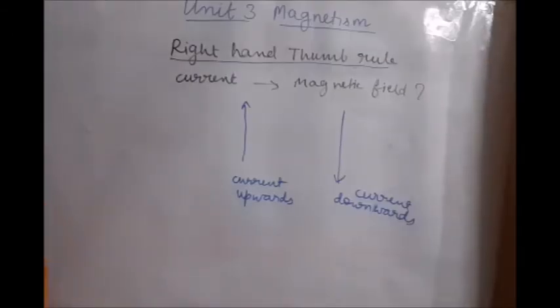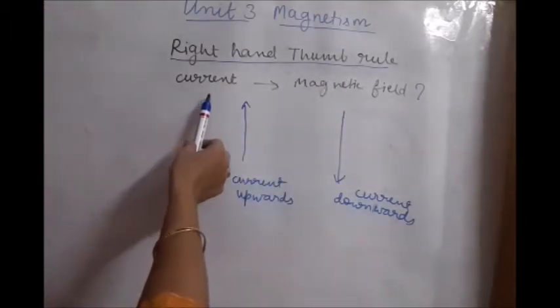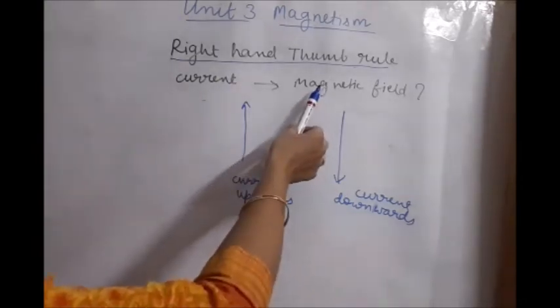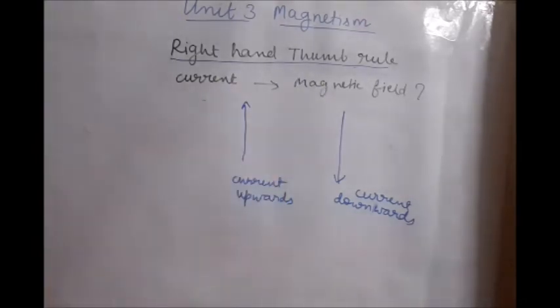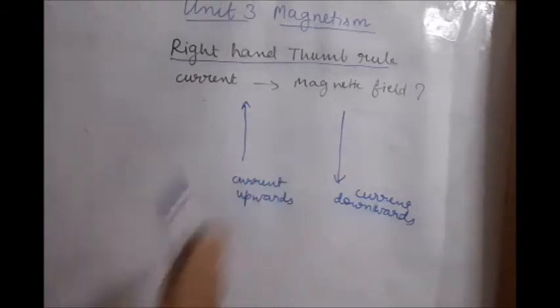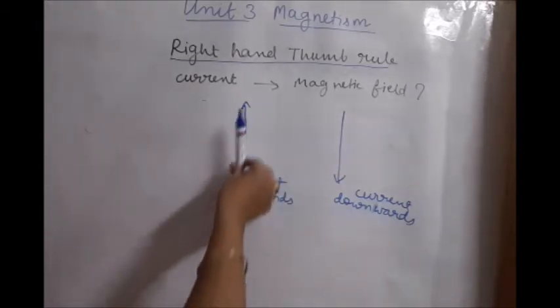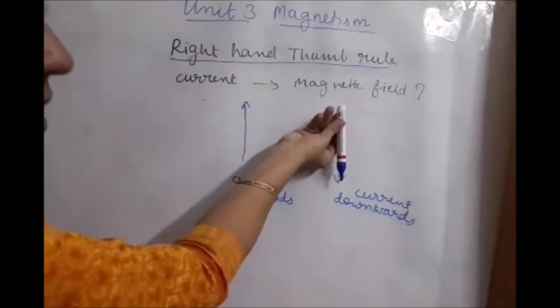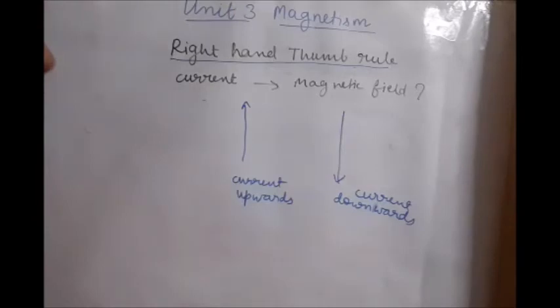Let's understand the right hand thumb rule in detail, in which the current direction should be given and the magnetic field direction we have to find out. Let us practice first of all for straight wires. Suppose in this wire the current is flowing upward and in this wire the current is flowing downward.